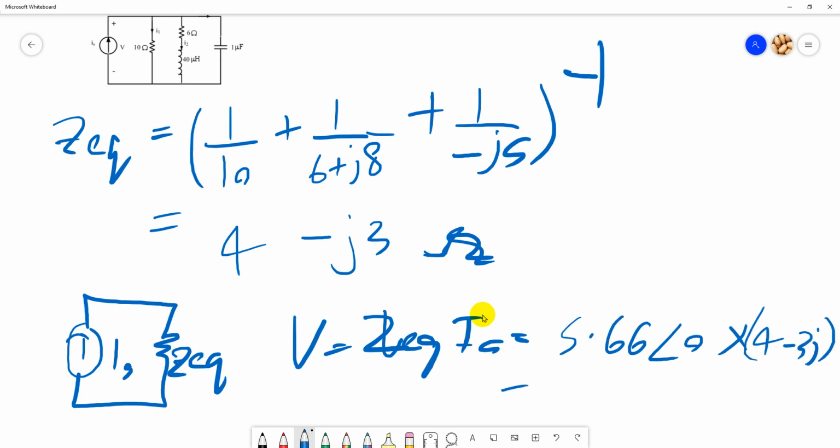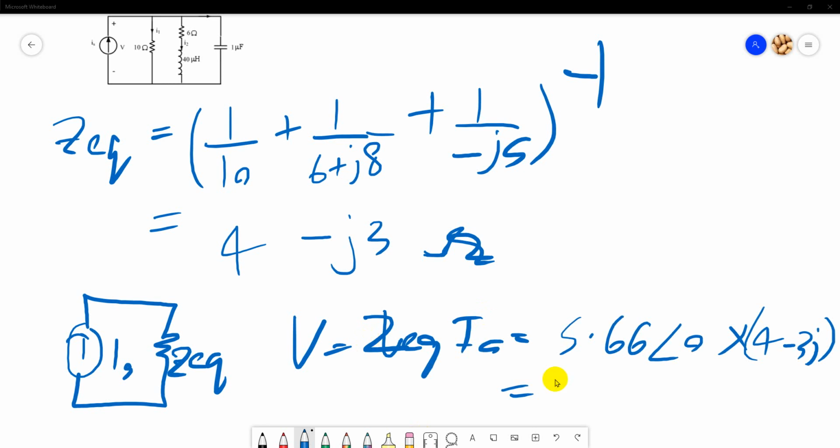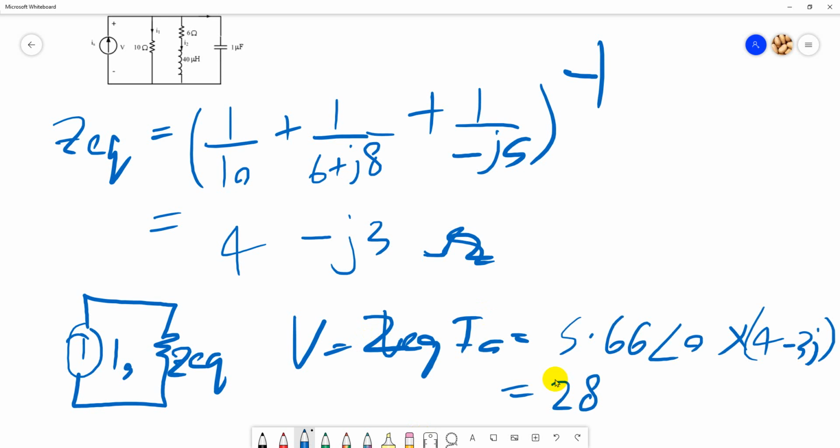So the answer is 28.3, and the angle is negative 36.87 volt. So then you get the volt.